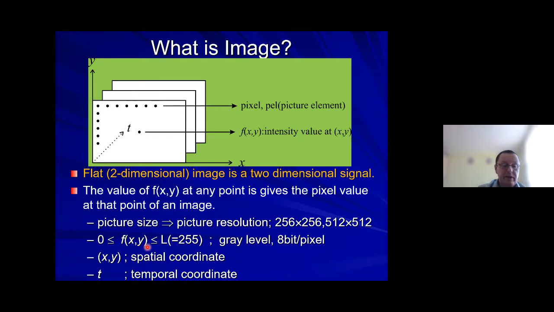For example, it could be a grayscale image, when we talk about levels of gray, or, in case of a color image, the intensity of each color component for this specific picture element. So most of the time, we identify a flat two-dimensional image as a two-dimensional signal. In general, it's continuous. Each pixel element has a continuous value f(x, y).